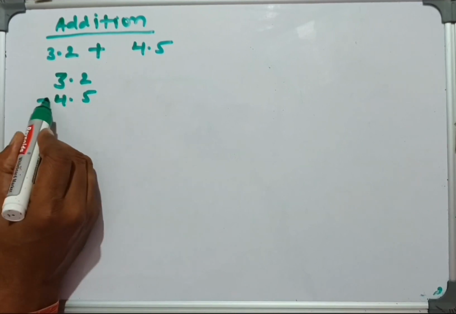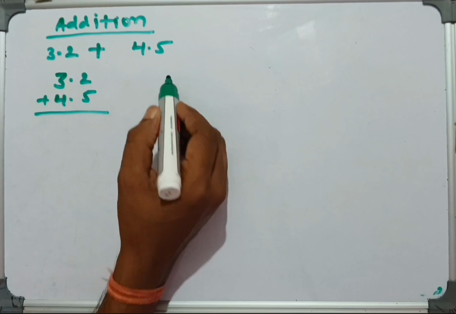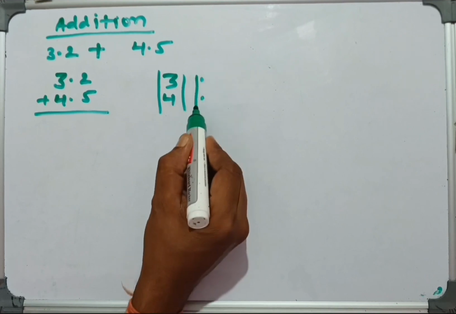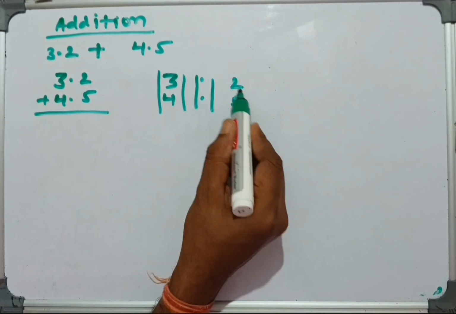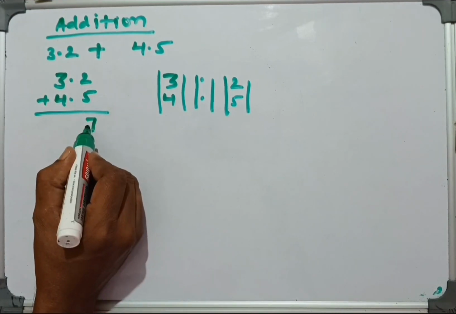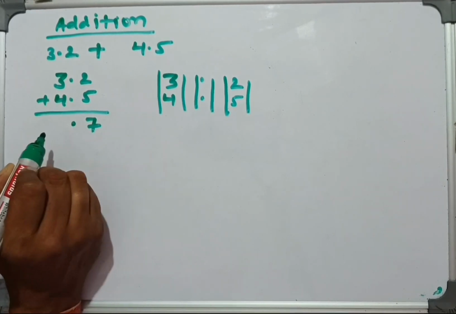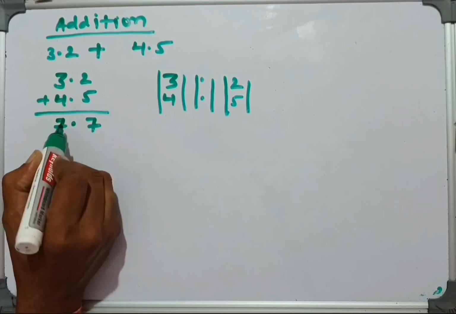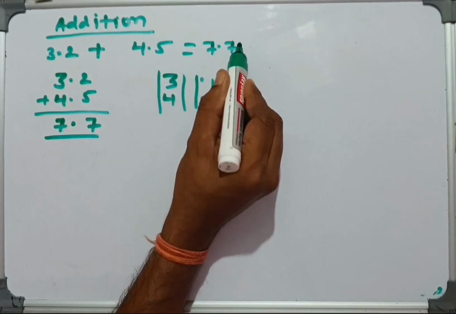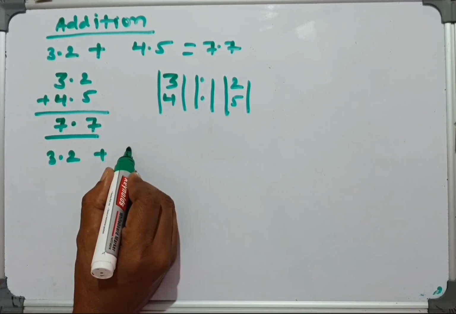Here you can see the dot is coming in the same column. This is 3 and 4. This is one column, this is also one column. Now see the addition. 2 plus 5 is 7. Then the point here, then 7 here. Hence the answer is 7.7.